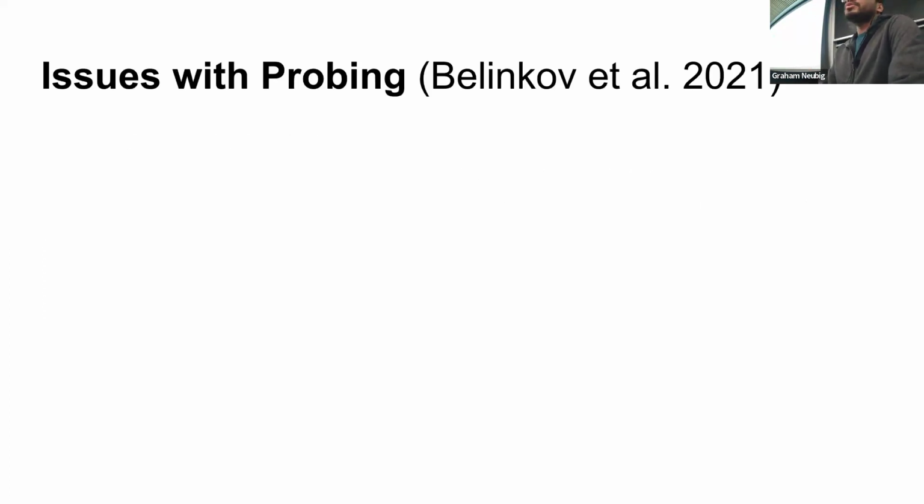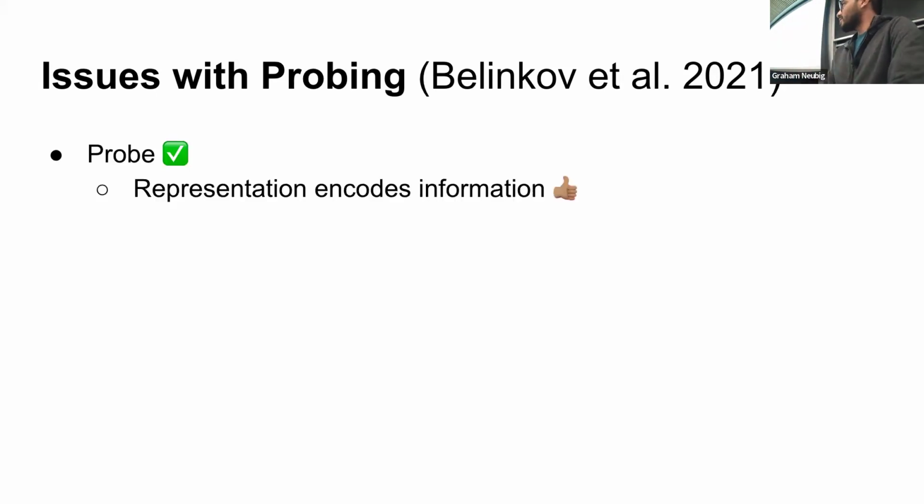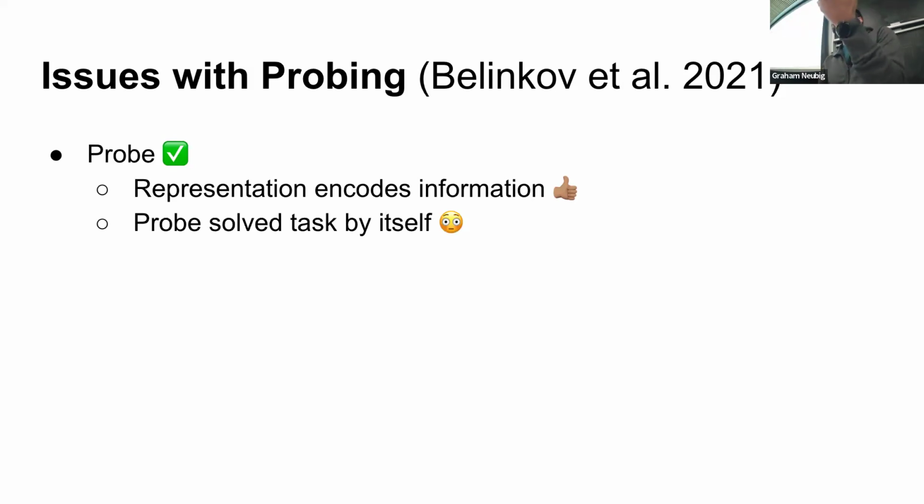So there's a bunch of issues with probing, and there aren't as many probing papers now as there were many years ago. If your probe works, it's possible that the representation actually encodes that information. It's also possible that it doesn't, and the probe solved the task by itself. Keep in mind that you're training this probe on labeled data.